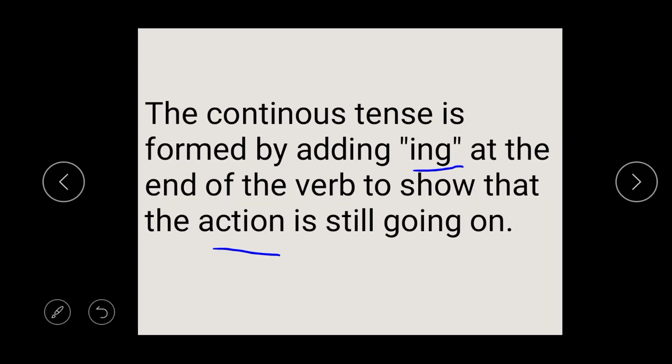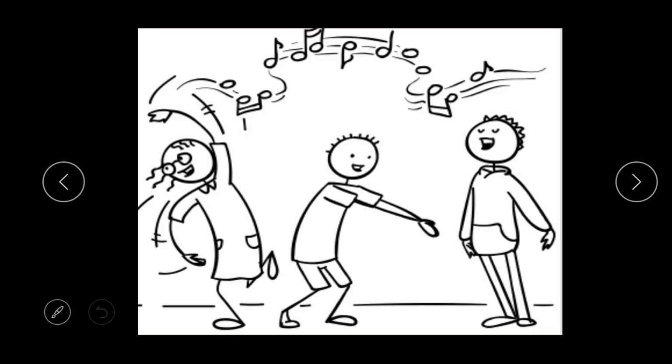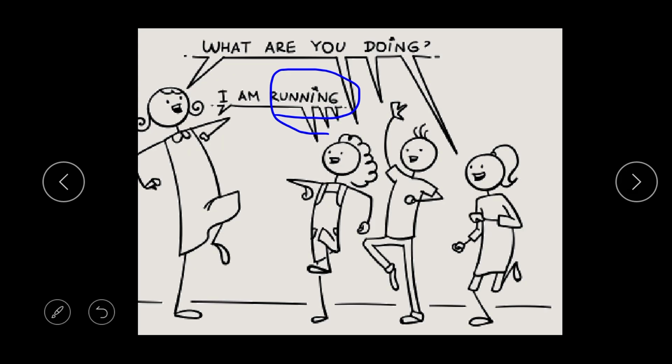Why? Because the action is still ongoing, because I am still talking right now. Okay, so that is the meaning of continuous tense. I am still talking. So talking is also a what? A continuous tense, because it is still ongoing, because I am still talking.